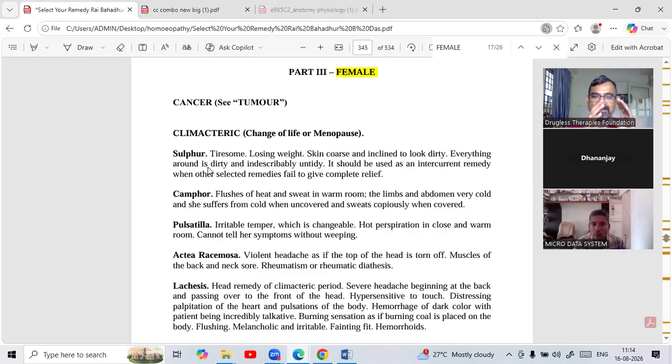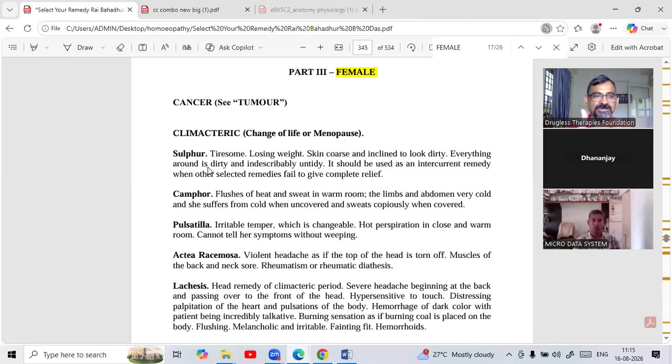After confirming the other symptoms, and even the mind and physical thermals, hot and cold, like that. Sulfur patients generally need a fan, like they are heart patients. So you should think about all those things.